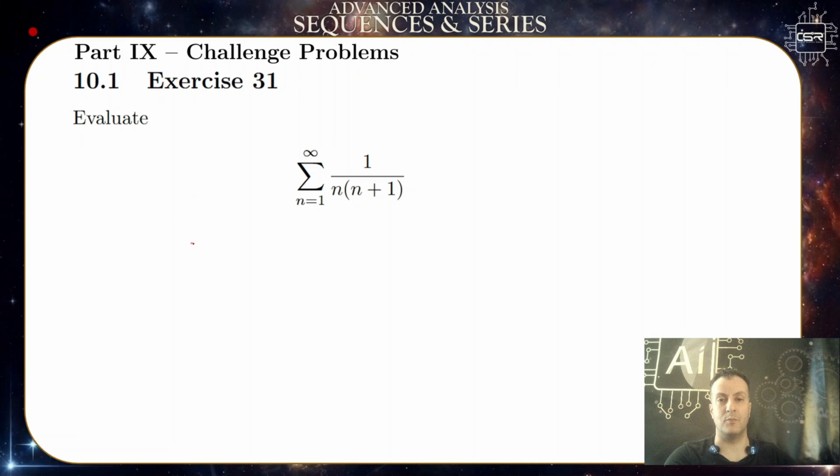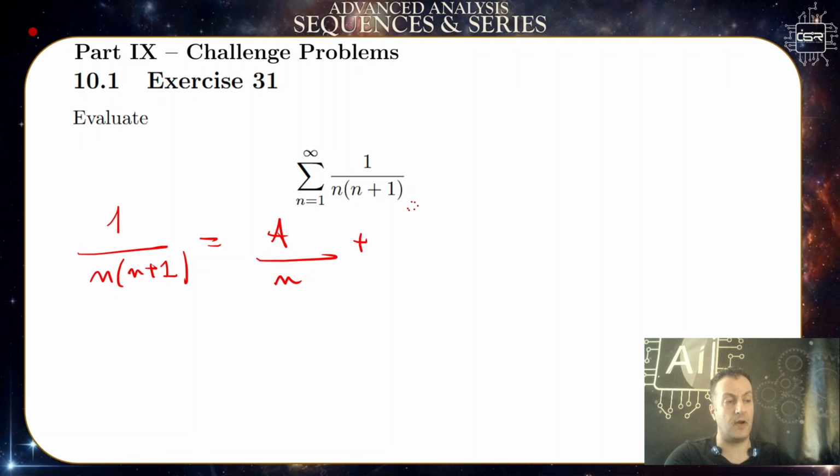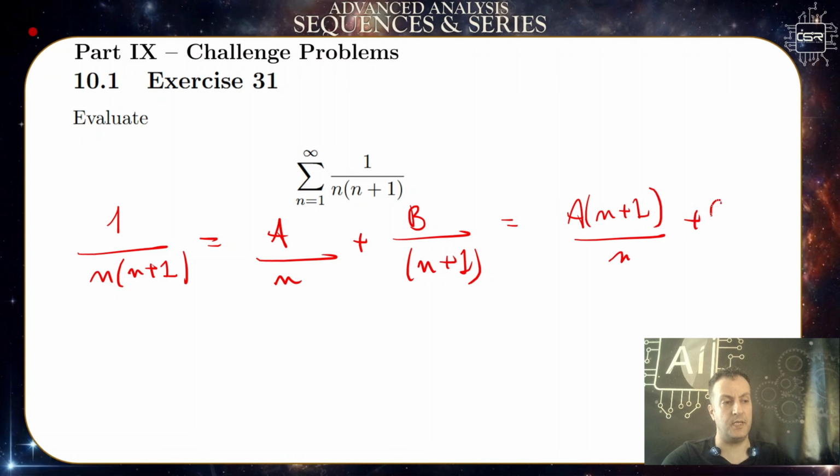Evaluate the sum from n equals 1 to infinity of 1 divided by n times n+1. Now, can we break down this quotient? Okay, here's the thing. 1 over n times n+1, you set equal to a divided by n plus b divided by n+1, where a and b need to be determined. So let's develop it: equal to a times n+1 over n, plus bn over n+1.